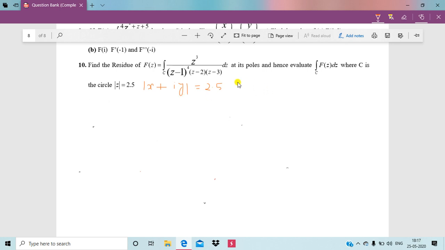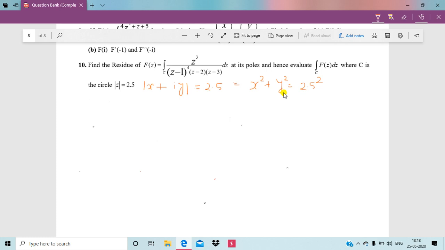On squaring both the sides, it is x square plus y square is equal to 2.5 whole square. So it is the equation of a circle whose center is 0, 0 and radius is 2.5.